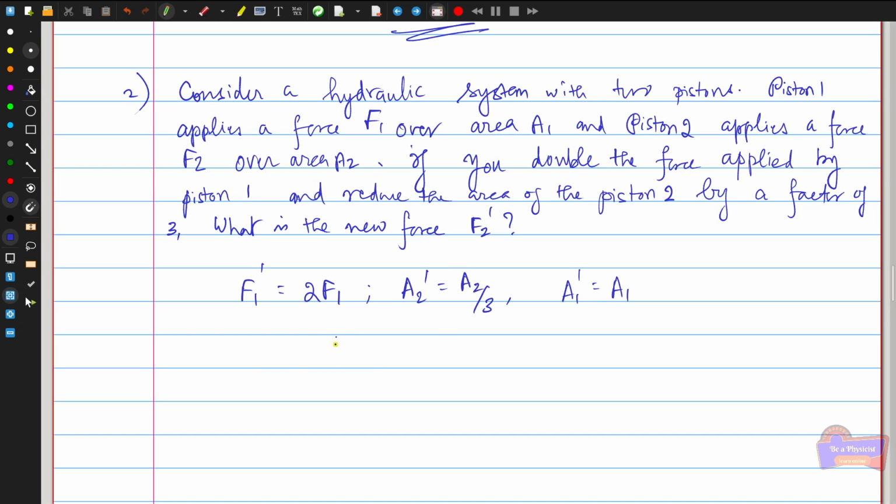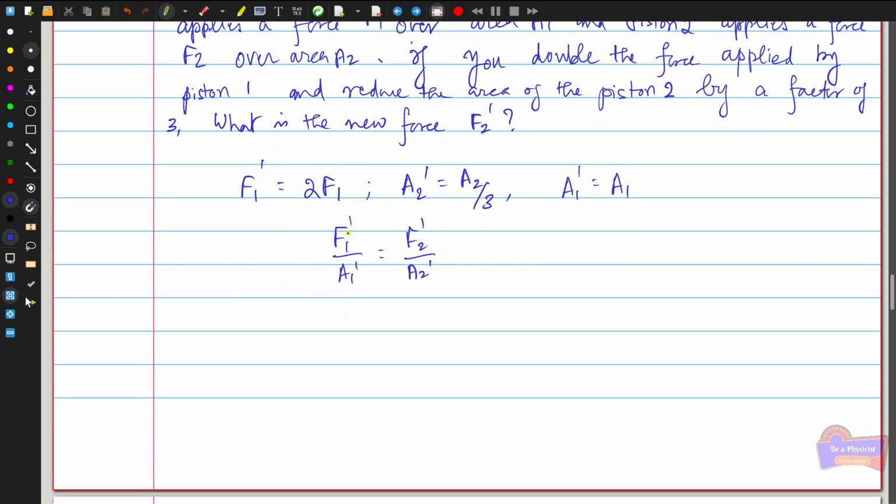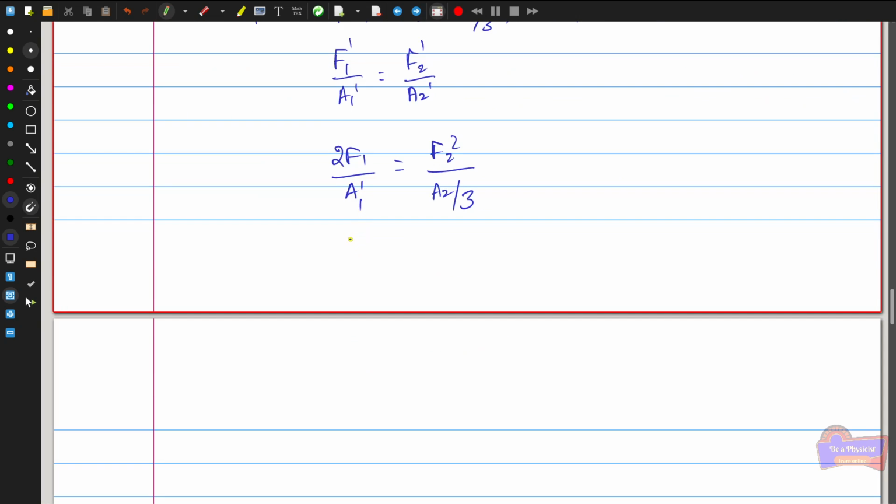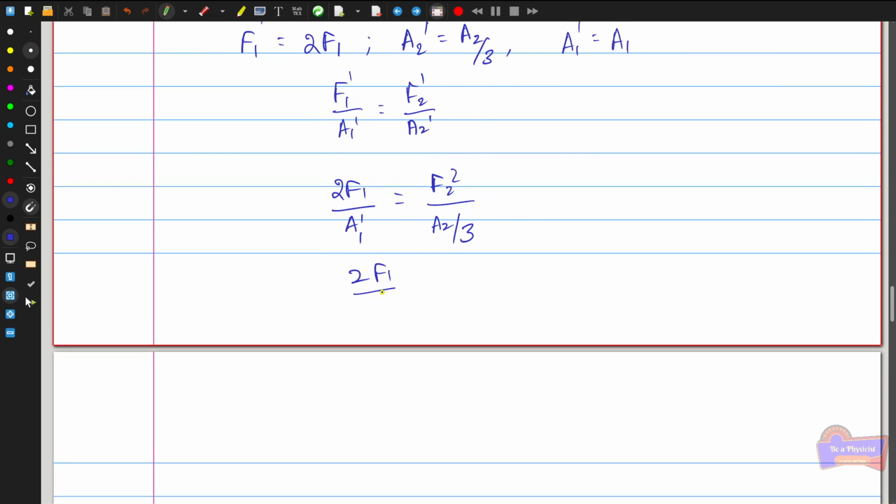Therefore, I can write the new equation as F1 prime divided by A1 prime, which is equal to F2 prime divided by A2 prime. Substituting the new values, 2 times F1 divided by A1 is equal to 3 times F2 prime divided by A2.